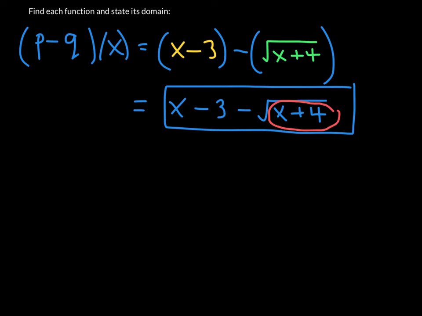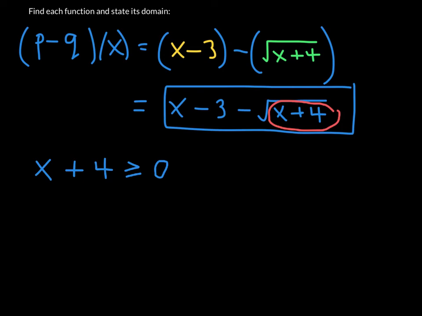So when we say the expression underneath the square root must be positive, really what we're saying is it has to be greater than or equal to 0. I don't want just strictly greater than 0. I want greater than or equal to 0 because I can actually evaluate the square root of 0. The square root of 0 is just 0.